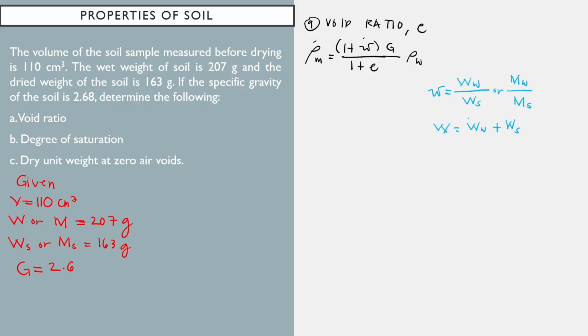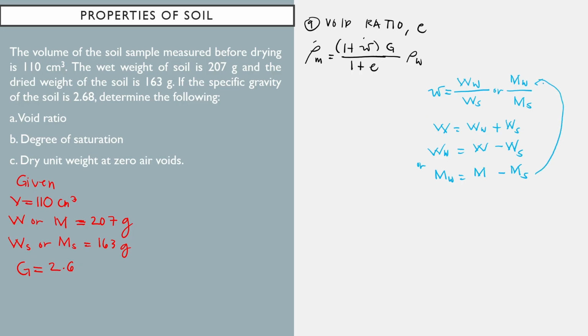So, weight ng water is equal to total weight minus yung weight ng soil natin. Or pwede natin gamitin yung mass: yung mass ng water is equal to total mass minus dried mass ng soil natin.